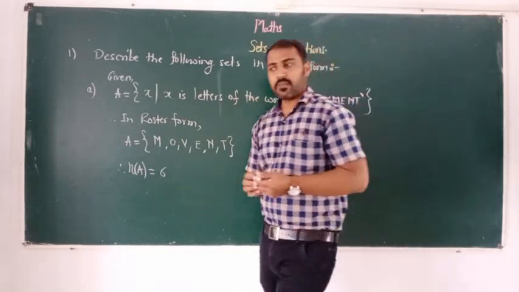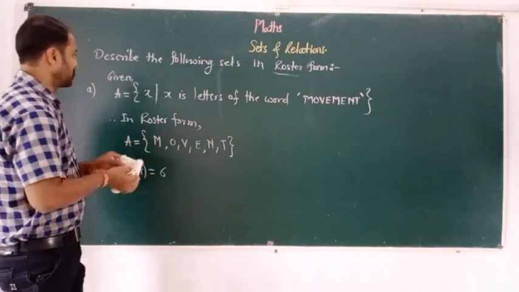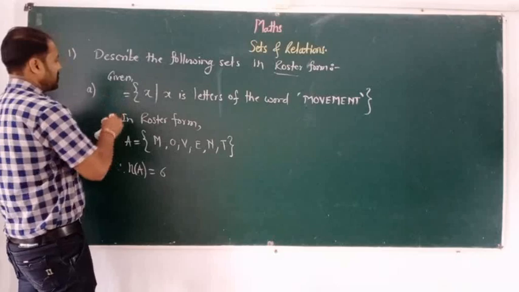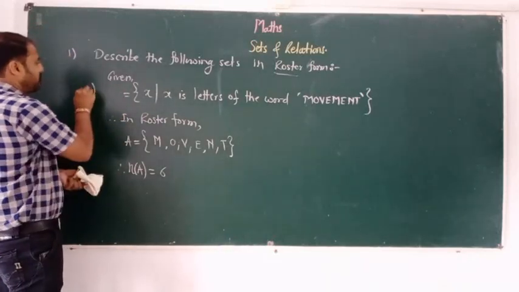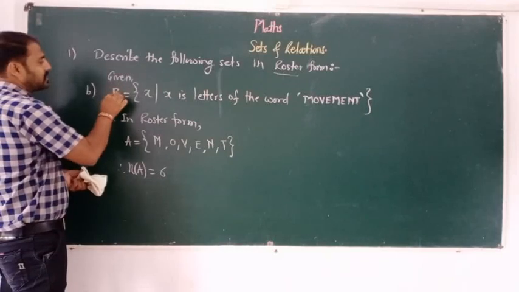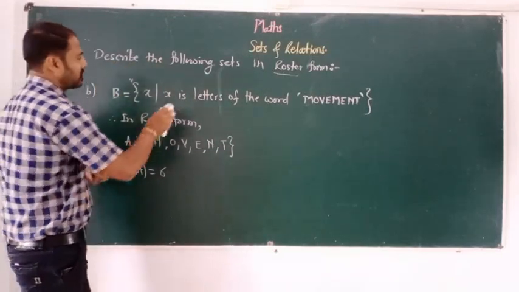Now moving to our next example. Second example, B, is a set. Describe the following set in roster form.